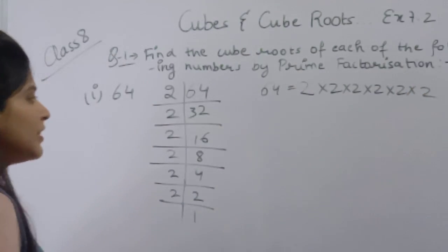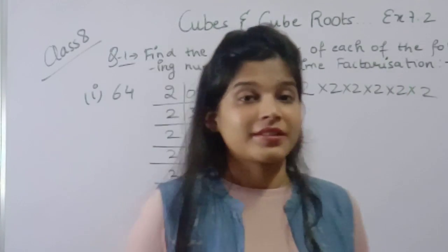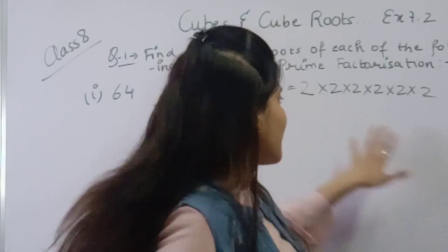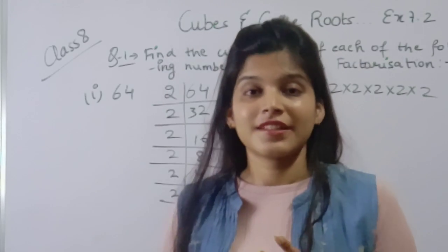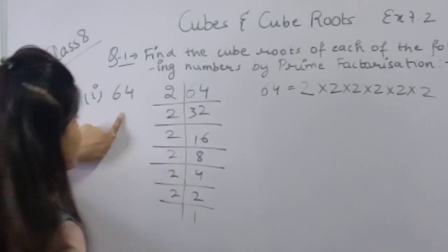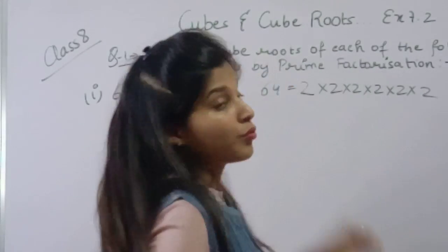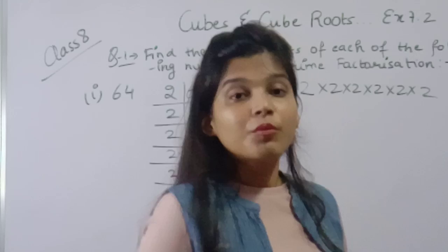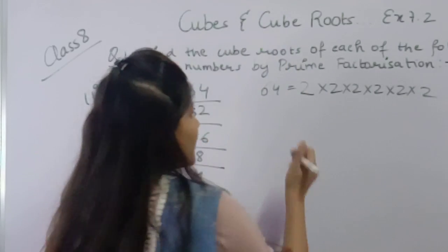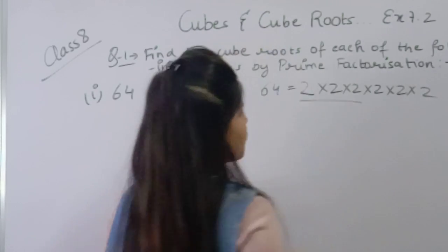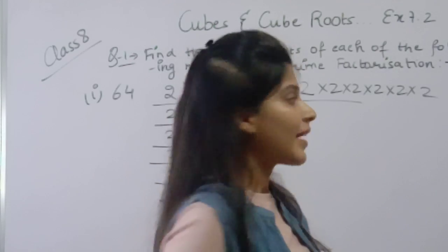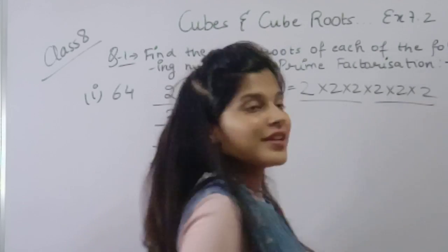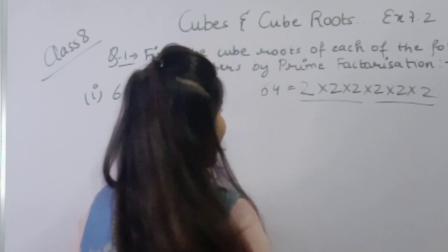Now we will start making pairs, but अब जो यहाँ पे pairs बनेंगे वो 3 factors के बनेंगे, because this is the question of cube root, not square root. In cube root we have to make groups of 3 factors. So triple 2 is 1 group, and again triple 2 is 1 group.